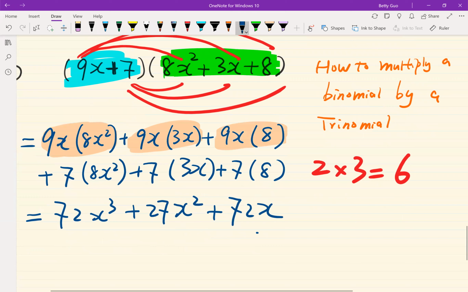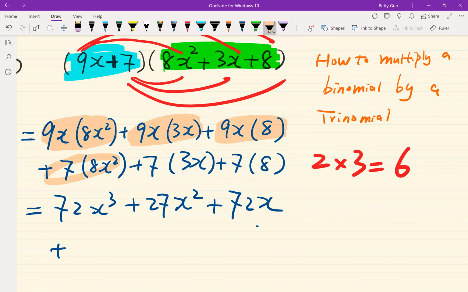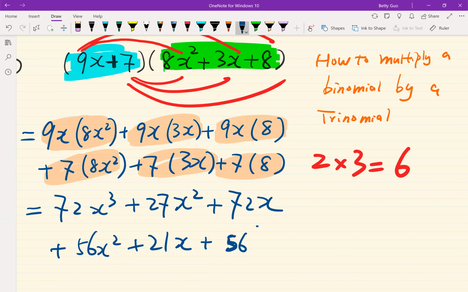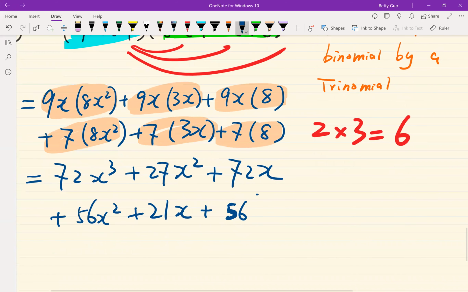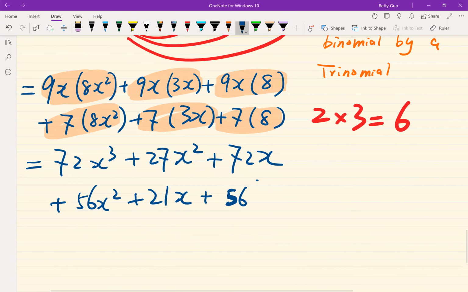Okay, let's see here. 7 times 8. x squared, right? Let's see this term. 7 times 3. 21x. See this term, 7 times 8. Very good. Okay.